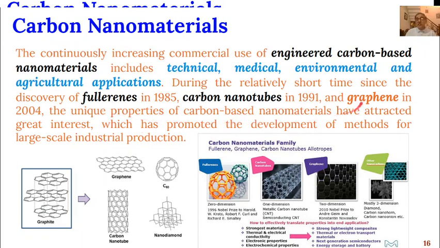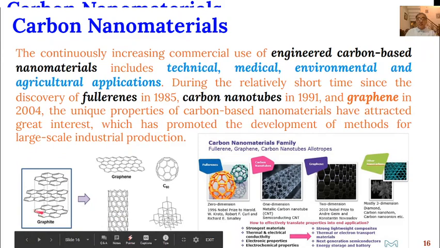But all these are carbon nanomaterials, and they have unique properties, and because of these unique properties, different types of materials based on graphene, fullerenes and nanotubes have been formed for large scale industrial production.